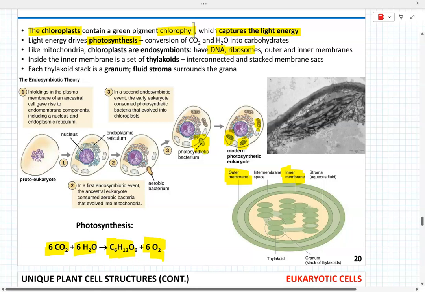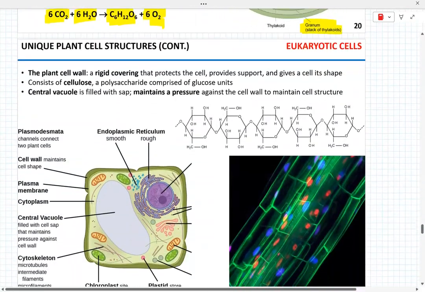Within the inner membranes, there is a set of thylakoids, stacked membrane sacs, and the stacks form grana, which is plural. Granum is singular, so this is a single granum. The fluid called stroma surrounds the grana, and the grana and stroma are the main sites for the reactions of photosynthesis.